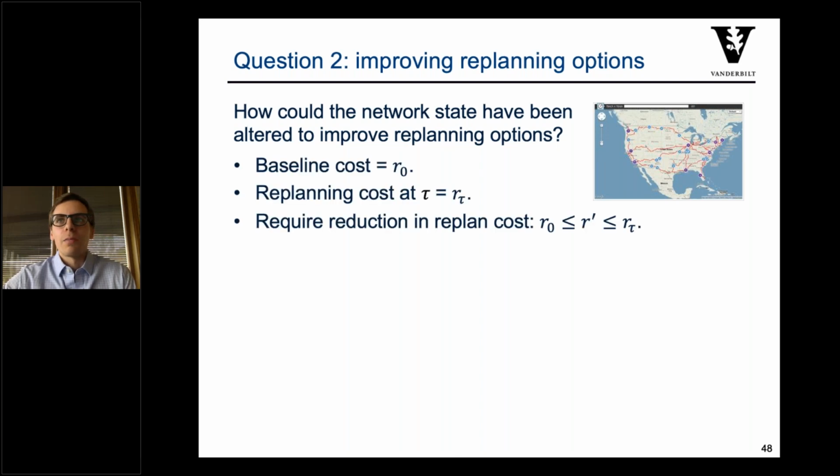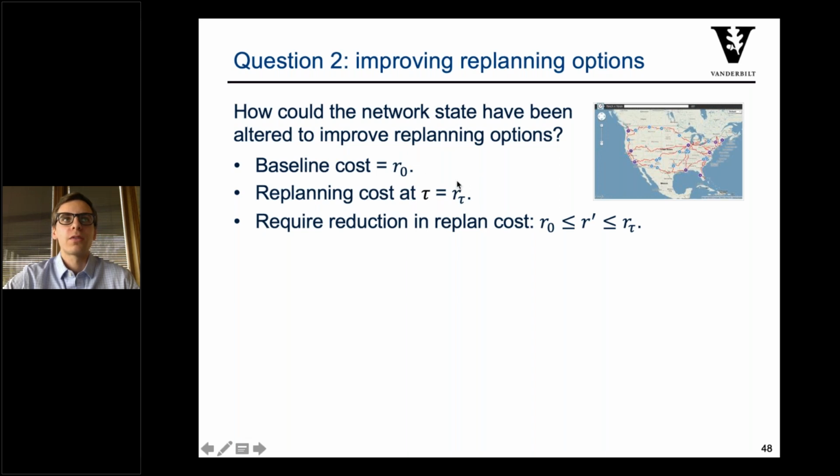So in the interest of time, I won't go through too much of the math in huge detail, but our objective here is to take that replanning cost at a time tau. Again, we're recycling that timing value, and we're going to call that replanning cost.